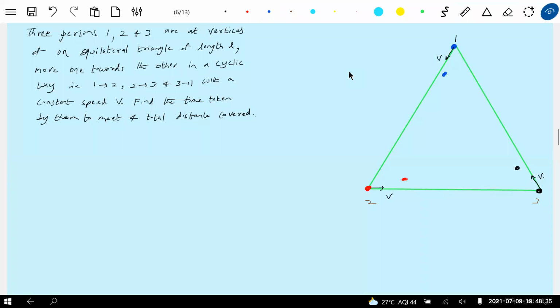So why can't it be on the same straight line? Because when 2 comes here, its velocity should be directed in this way. So therefore he will leave this path. So finally they will meet at the center of the triangle. So the path of this will be like this, path of this will be like this.